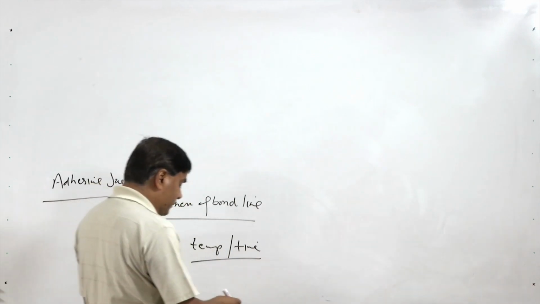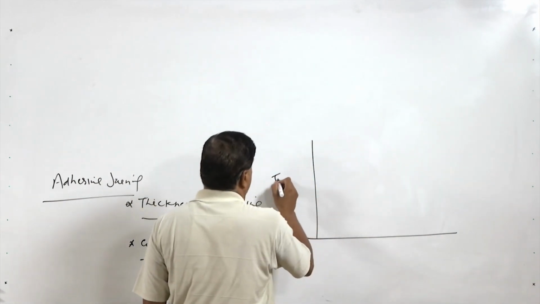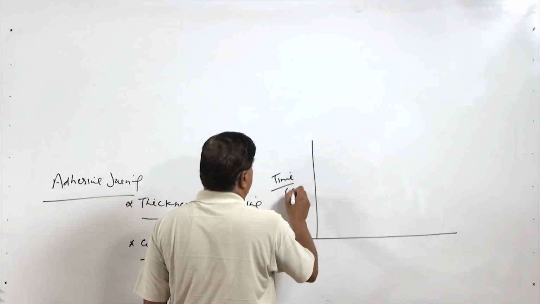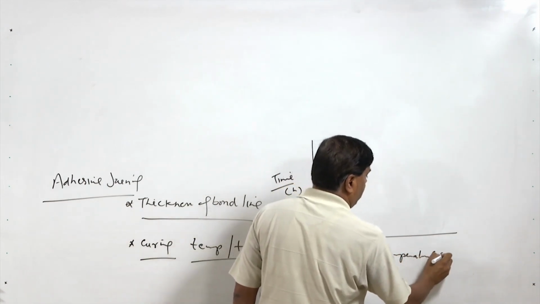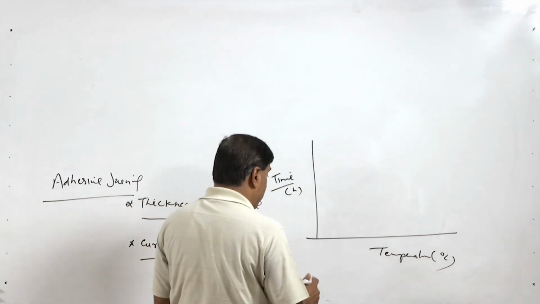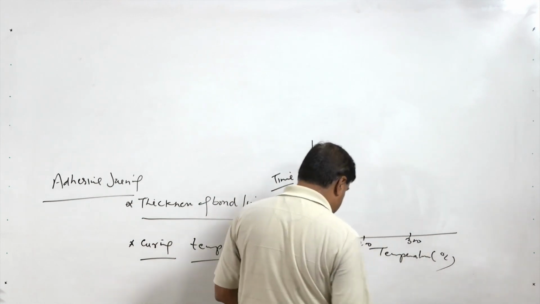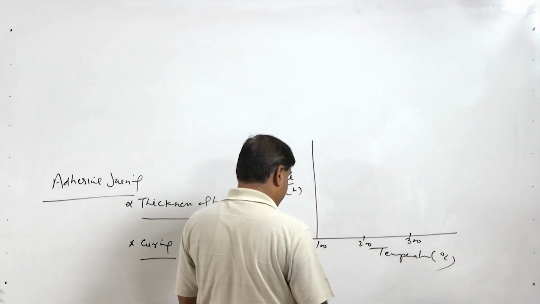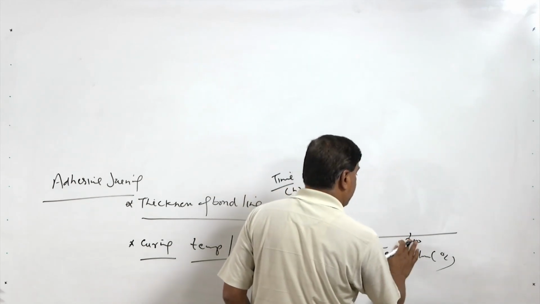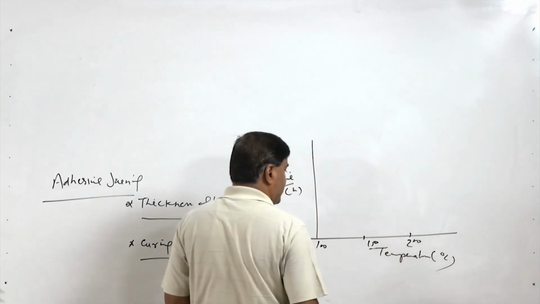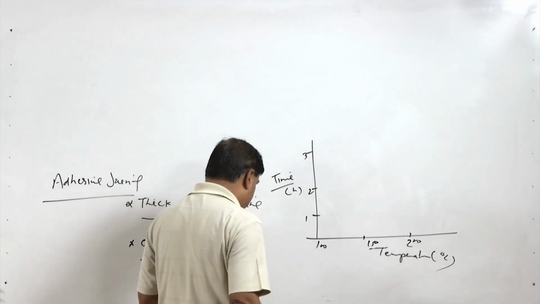So, if we see the combination of the time and temperature for the curing, in y axis we have time in hours, and in x axis we have temperature in degree centigrade, like say 100 degree, 150, 200 degree centigrade, and in y axis we have 1, 2 and 3 hours.